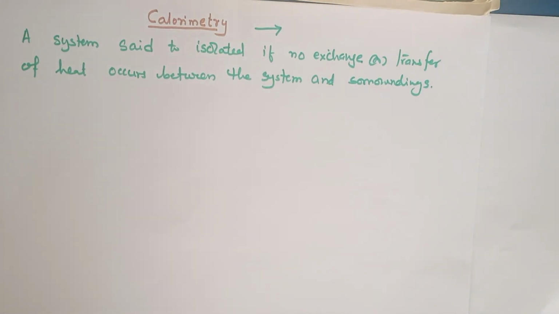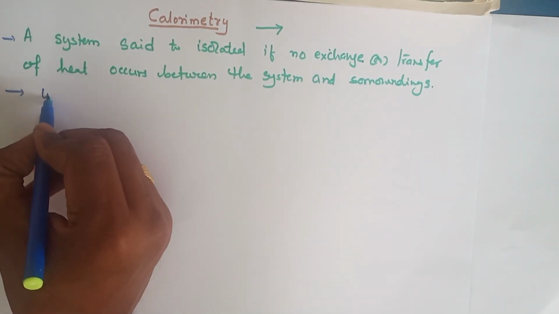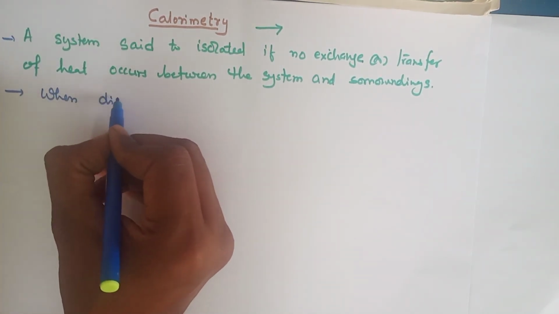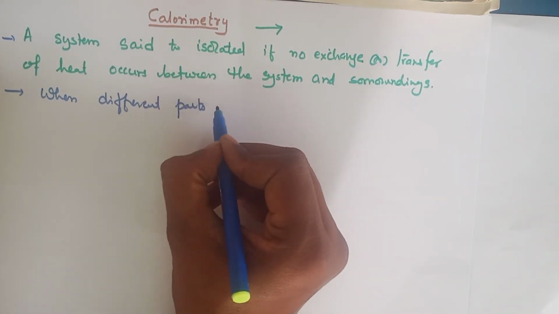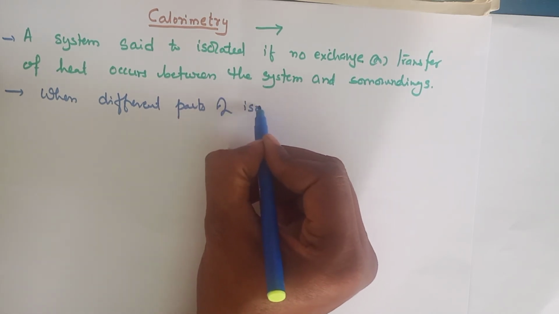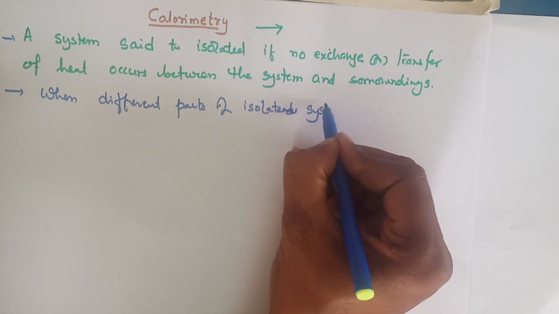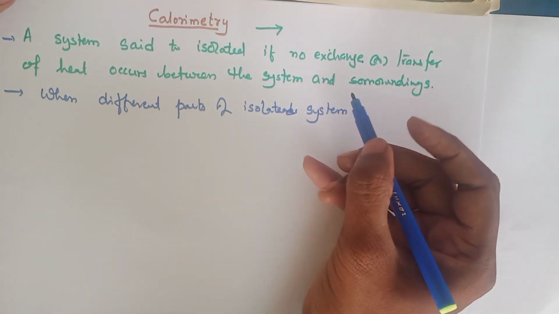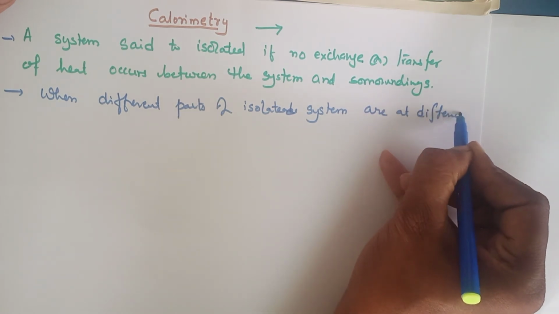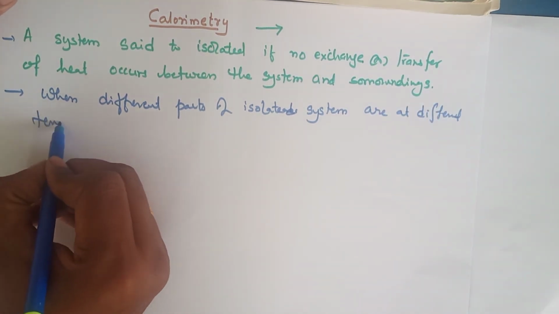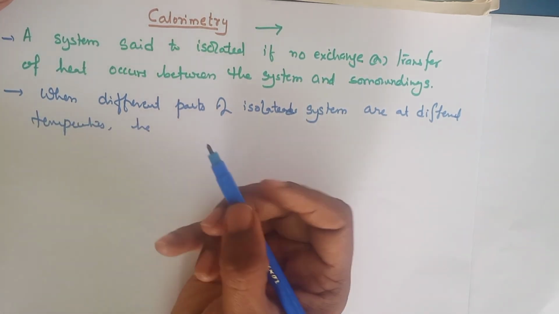Here, suppose within the system, different parts of the isolated system are at different temperatures, then what happens? Heat is transferred from one to the other.